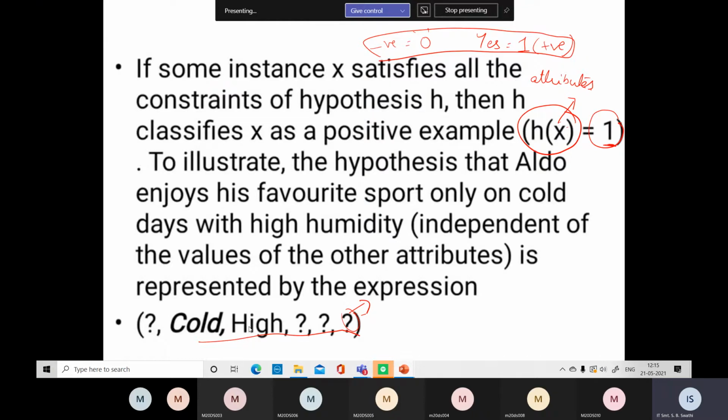So this cold and high, what these are specific. You are fixing the attributes here. You are asking the application to take the inputs where the second column attribute is cold and the third column attribute is high. Other than these two, if you are getting some other inputs at the second place and third place of the input, that input will not be considered. Whatever value you take at the question marks, that will be rejected.